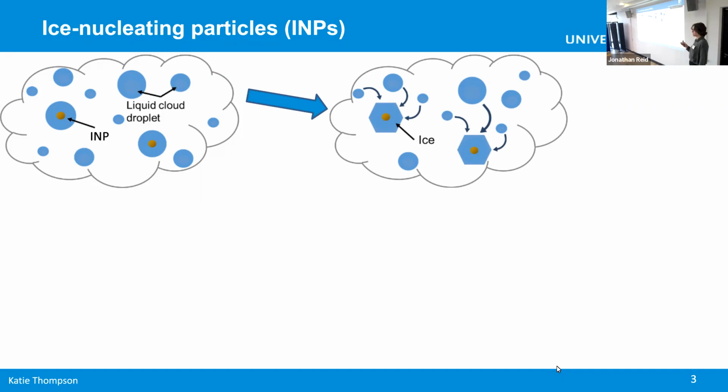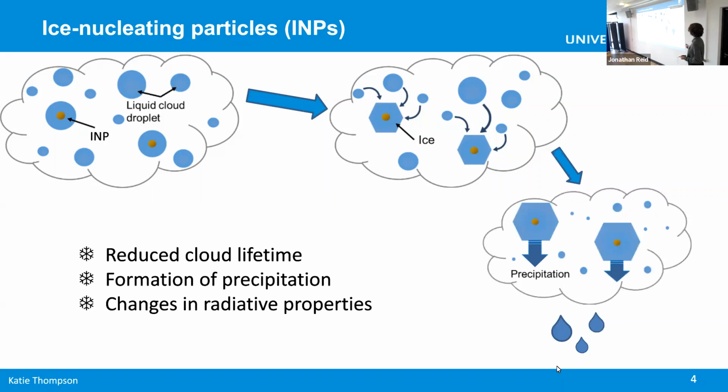But because we're in this supercooled state, the supersaturation with respect to ice is much greater than that of water. So the ice starts to grow rapidly at the expense of the surrounding liquid water droplets. Then these ice crystals can rapidly grow large enough to initiate precipitation.